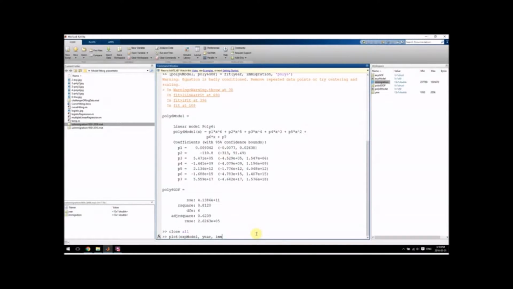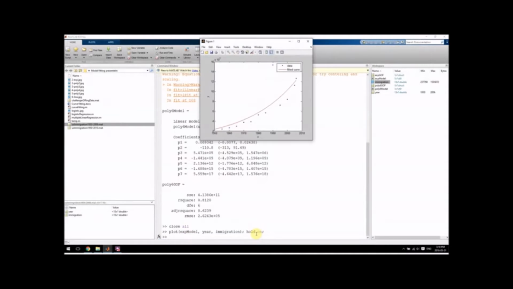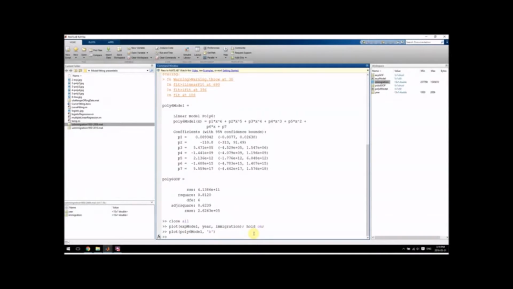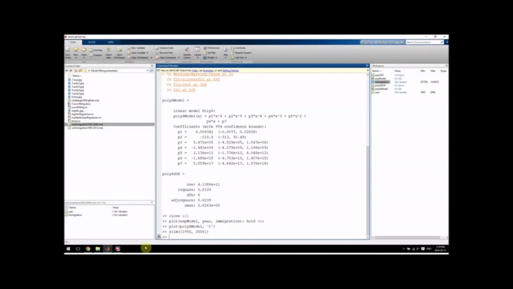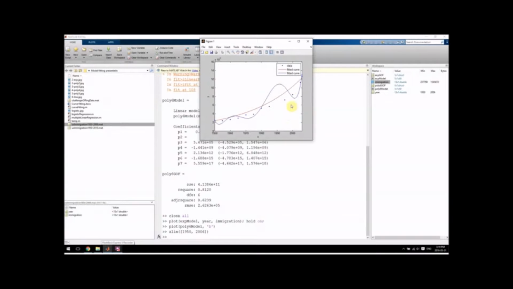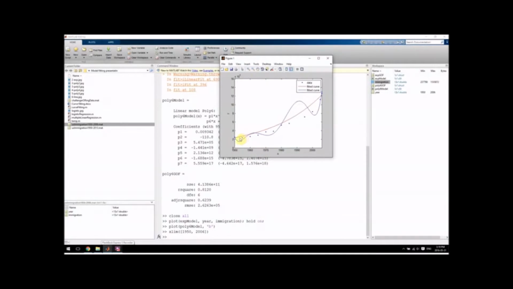The exponential model, and the polynomial model in blue. Okay. All right. Let's move this legend out of the way.